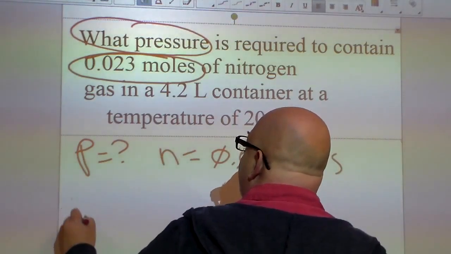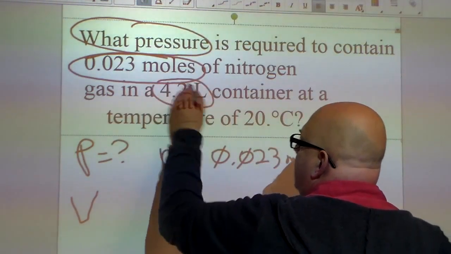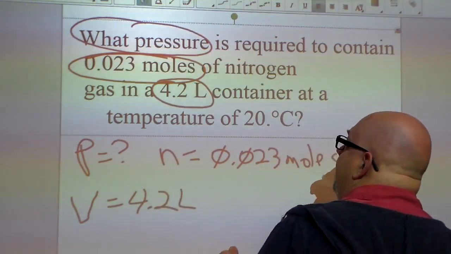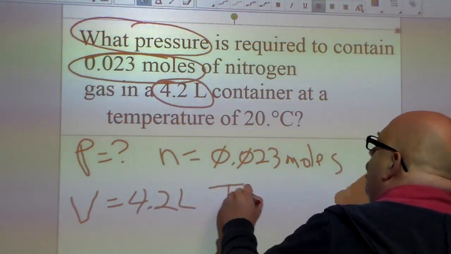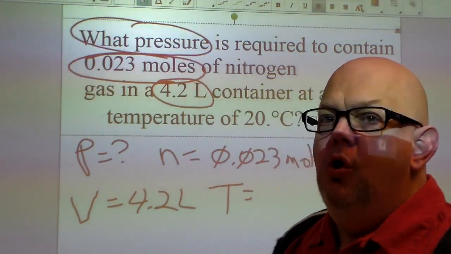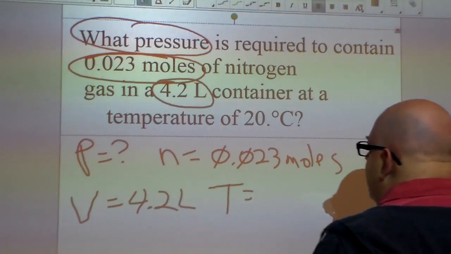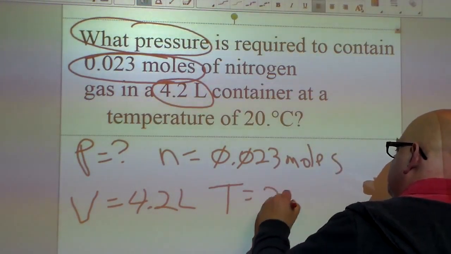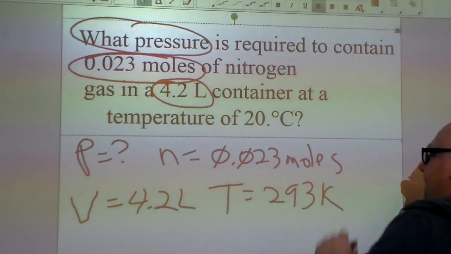Our volume is 4.2 liters. And then we have a temperature of 20 Celsius, but we have to change that to Kelvin. We absolutely have to. In this case, 20 plus 273 gets us 293 Kelvin.